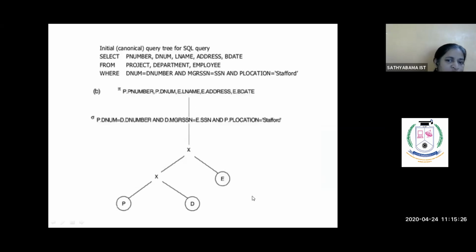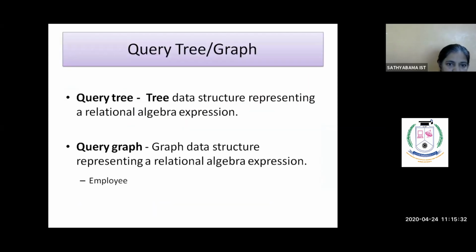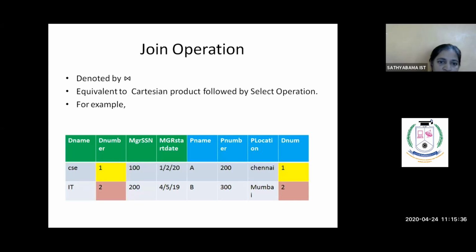So various duplicates are generated. But in the join operation it is not like that. In the join operation, we don't have any duplicate values. We just combine and select by using the select operation.